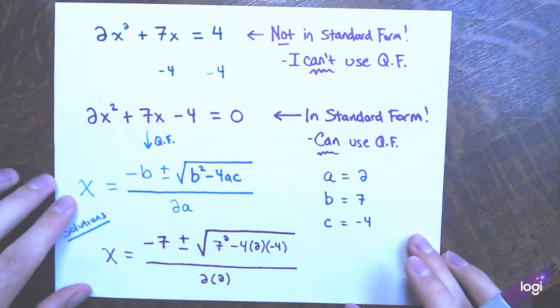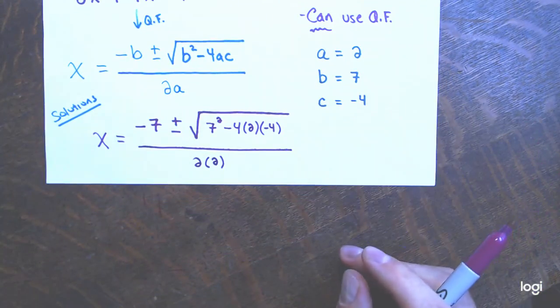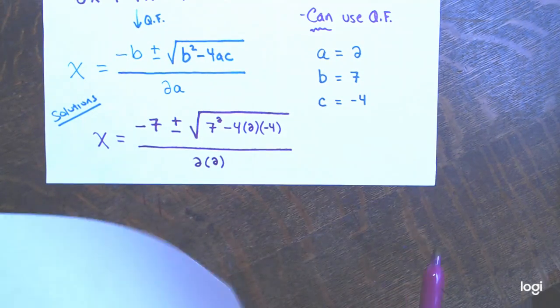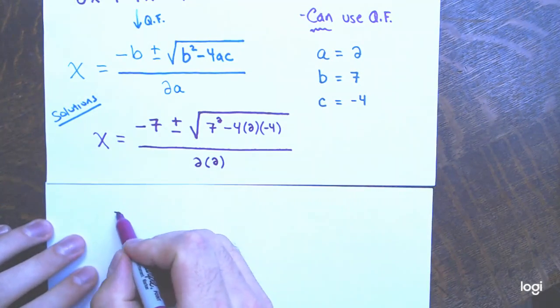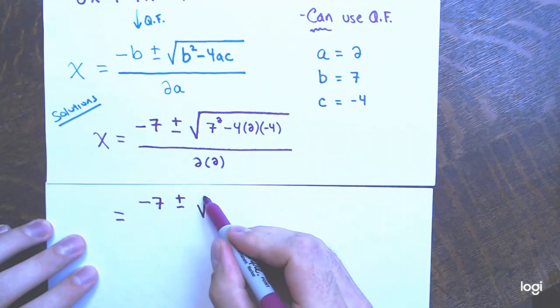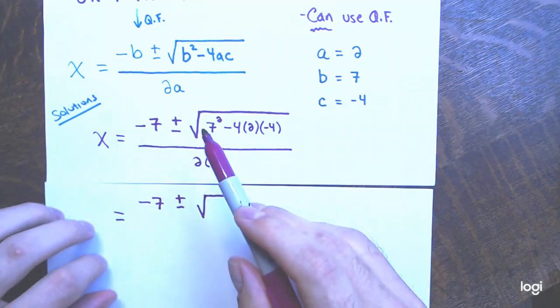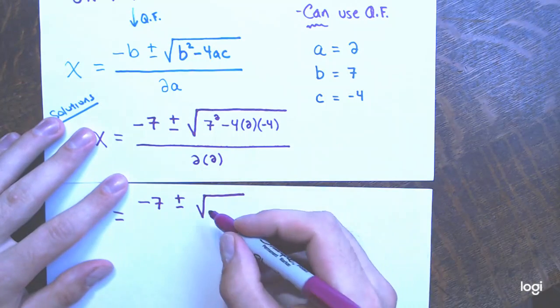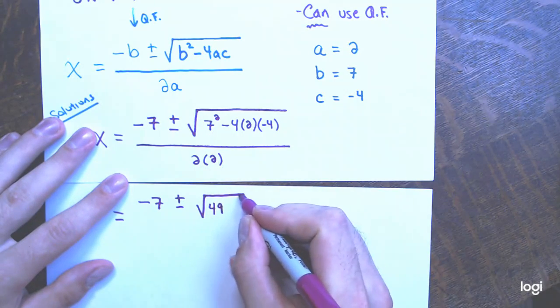Then we simplify. Okay. So the first term up in the numerator is still just negative 7 plus or minus. Then we have the square root. I'm just going to say what it is here. 7 squared is 49. I'll write it out one at a time here. 49.